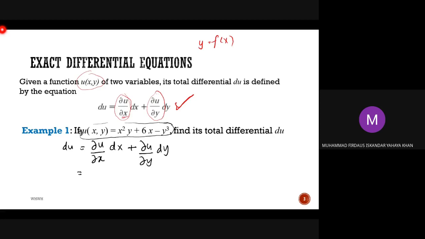We regard y as the constant when you want to find the partial derivative del u del x. When we meet y, we regard it as a constant, like the numbers 3, 4, 7. And if we differentiate y alone, it becomes zero, because we regard y as the constant.